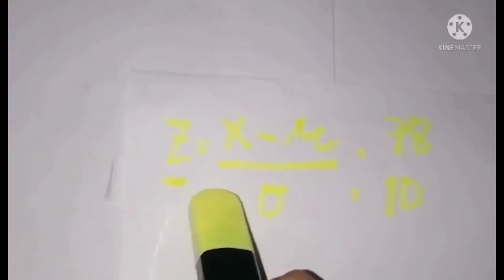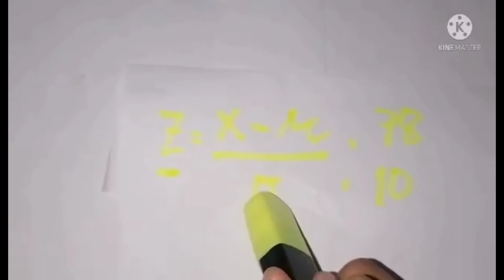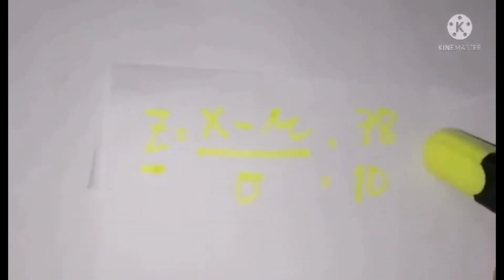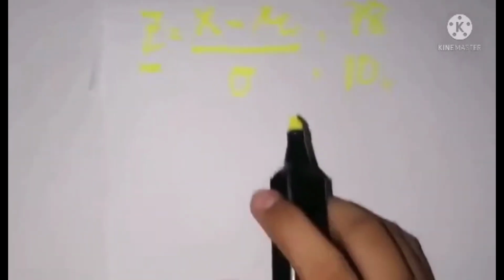So, Z is equals to X minus mean all over the sigma. So, yung mean natin is 78 and the sigma is 10. So, yung X is yan yung score ng student na 90 or 60. So, ang kulang na lang is yung Z-score. So, yun yung i-compute natin.